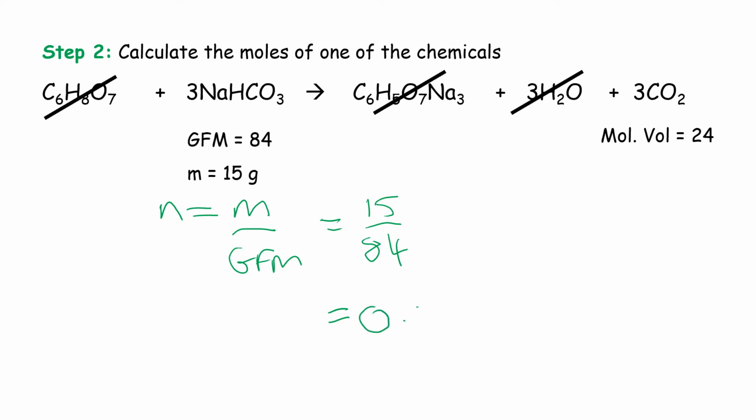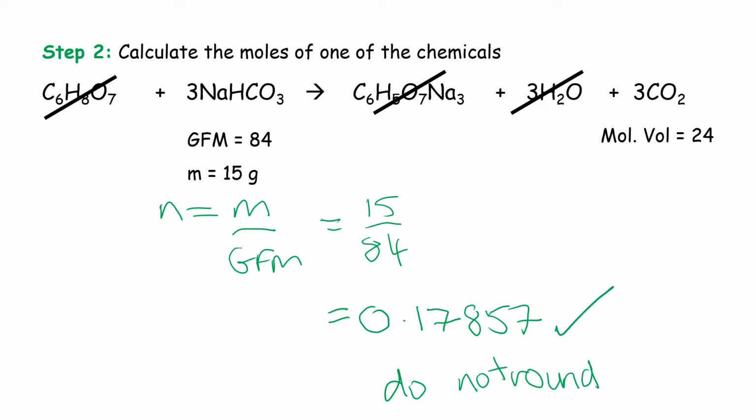I am going to write it with 5 numbers after the decimal point. So it's 0.17857. It does go on longer than that, but I like to keep about 5 after the decimal place if possible. Do not round up. So really do not round too much. If you round too much, your answer can be too far away from what they are expecting. But we have got our number of moles. So we have done step 2.